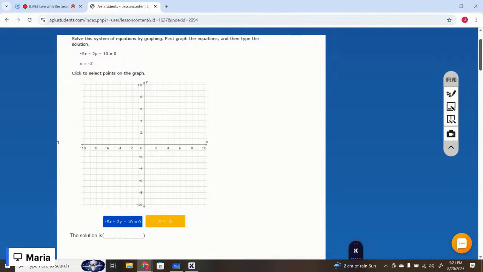Solve this system of equations by graphing. First graph the equations and then type the solution.